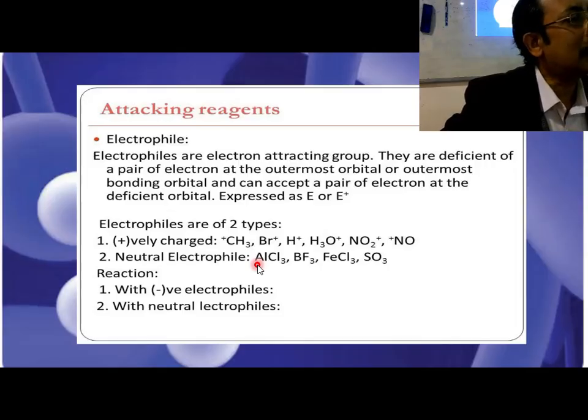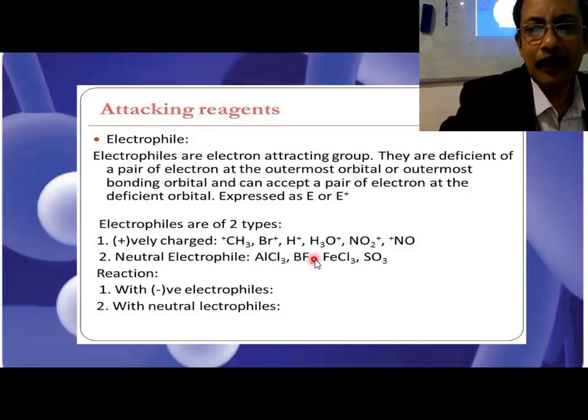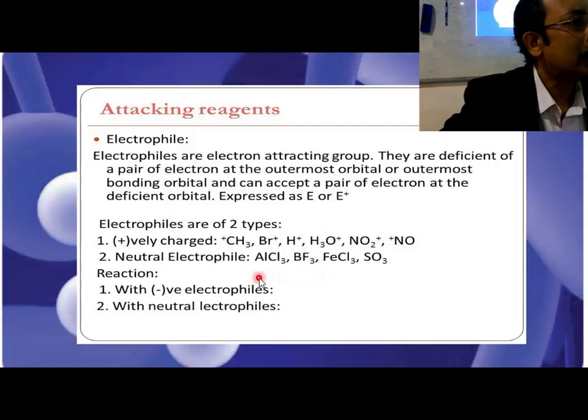So electrophiles are Lewis acids, because they have a vacant orbital, lack of electron density, positive charge maybe or neutral maybe. Like H plus and Cl plus, they are positive charge. But you have neutral molecules also acting as electrophile, neutral electrophile.